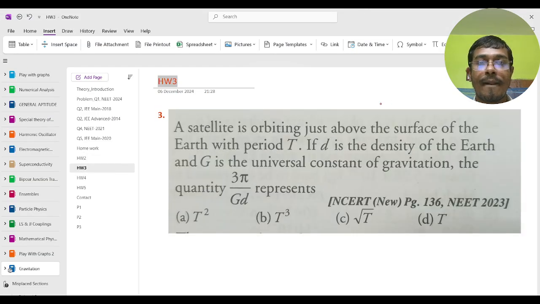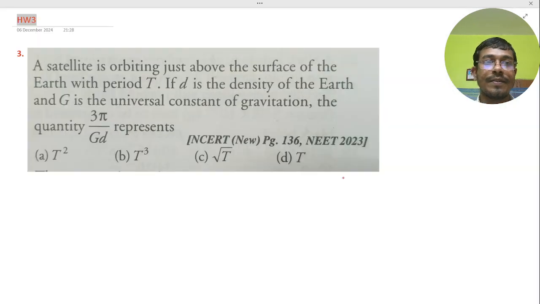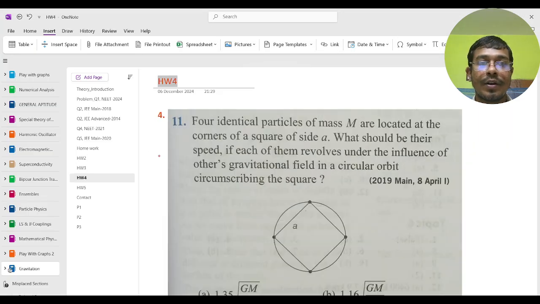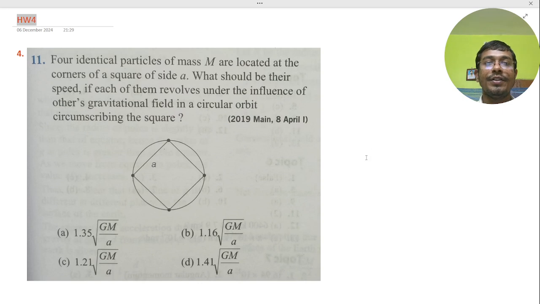Third one, in the NEET exam: a satellite is orbiting just above the surface of the earth with period T. If d is the density of the earth and G is the universal constant of gravitation, the quantity 3 pi by G d represents what? Fourth one, basically coming in JEE Main, just pause this video and take a screenshot.